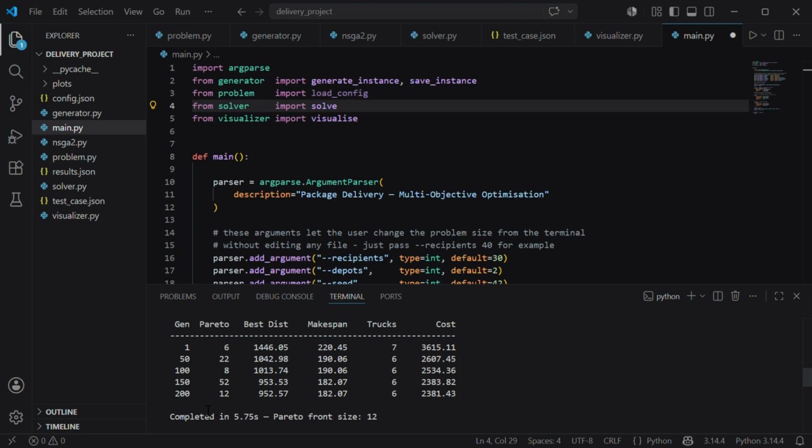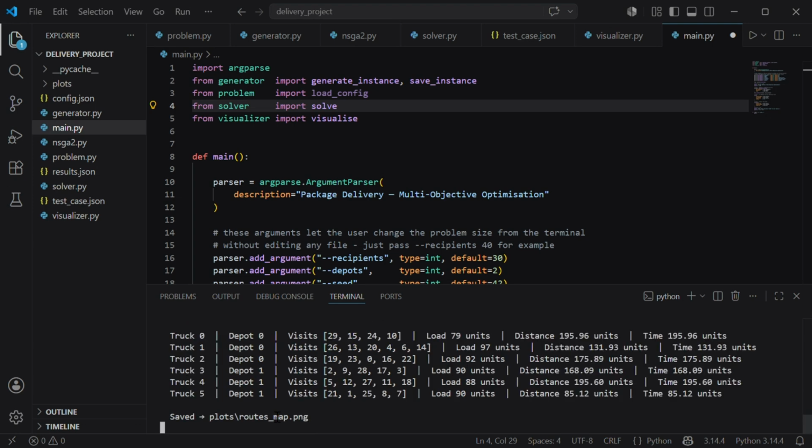And by generation 200, the best distance is 952, and the cost is 2,381.